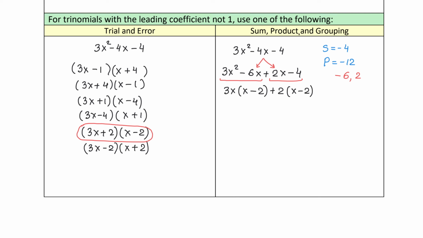Then, because x minus 2 is the common factor, we will factor it out, and inside the parentheses we will have 3x plus 2. So again, this is the common factor, and we brought it down, and in the second parenthesis we brought down 3x and then plus 2. And now the result is x minus 2 times 3x plus 2.